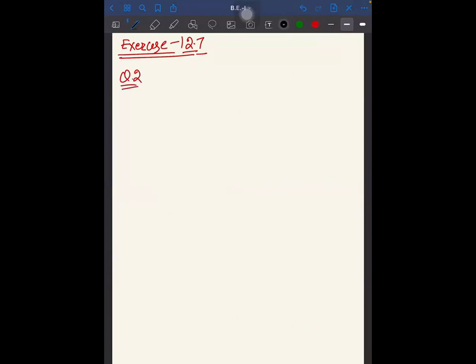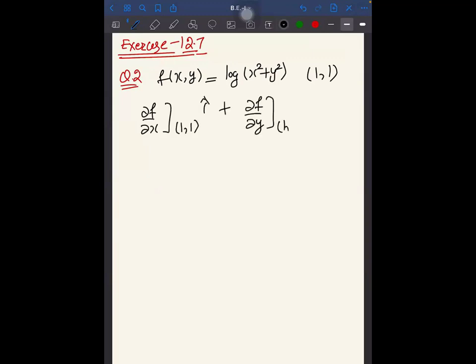So we need to find out only the gradient vector, f(x,y) is given to us at point (1, 1). So can you do it? See, first of all, we need to find out curly f upon curly x at (1, 1) i plus curly f upon curly y at (1, 1) j.